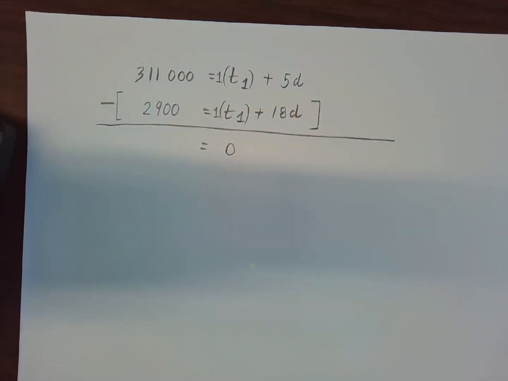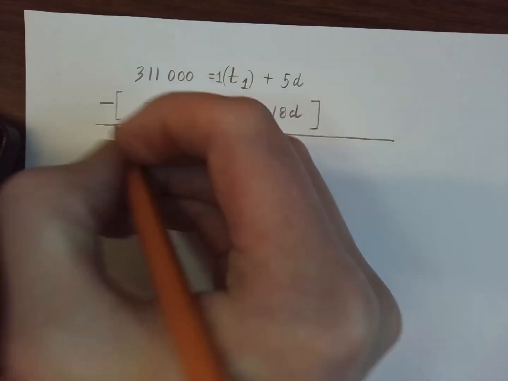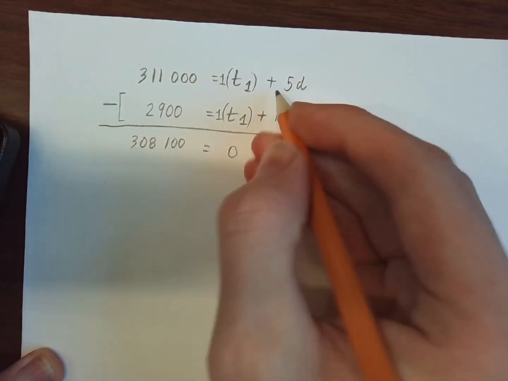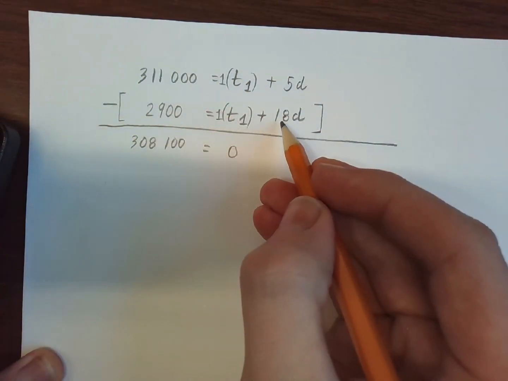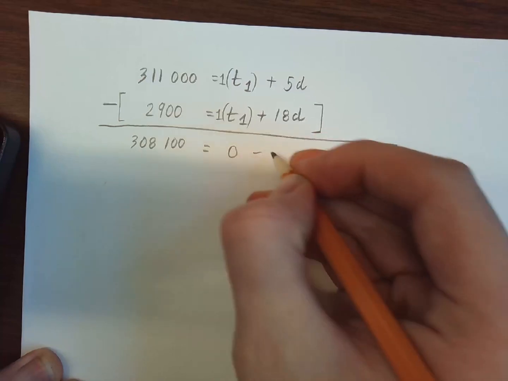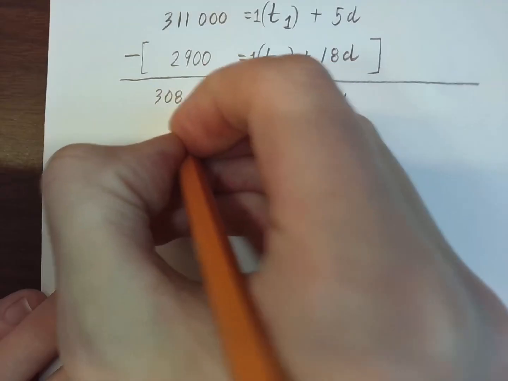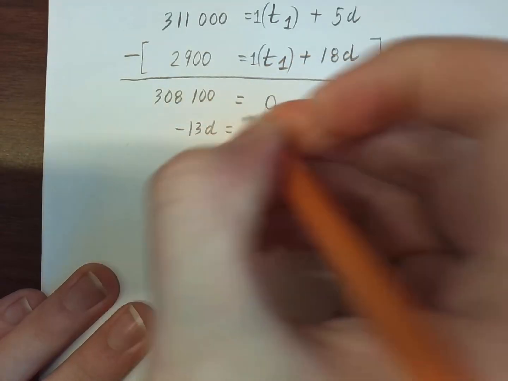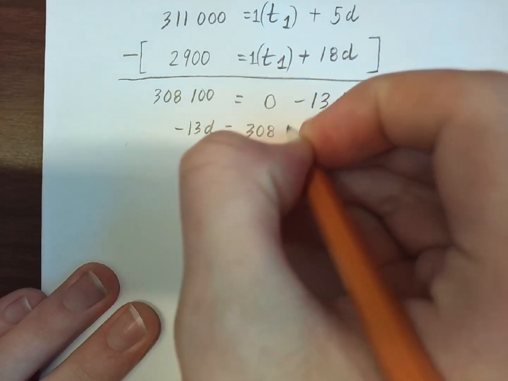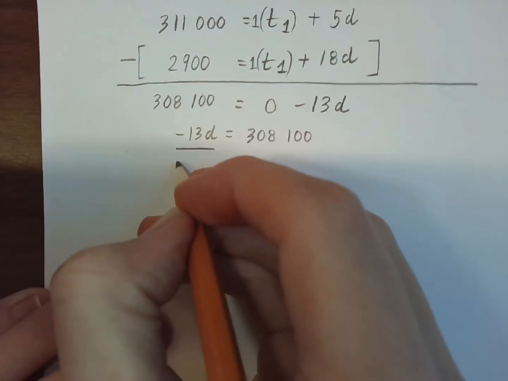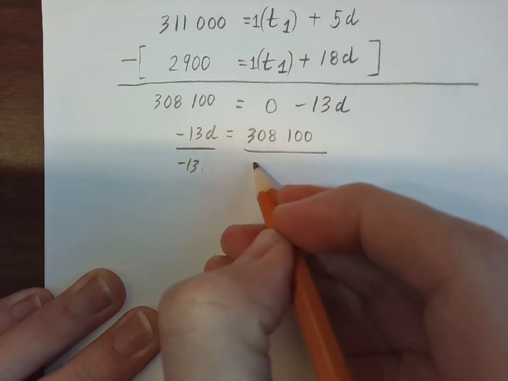311,000 minus 2900 is 308,100. And then 5 minus 18 is negative 13d. So basically I know that negative 13d equals 308,100. To isolate d, I can divide both sides by negative 13.